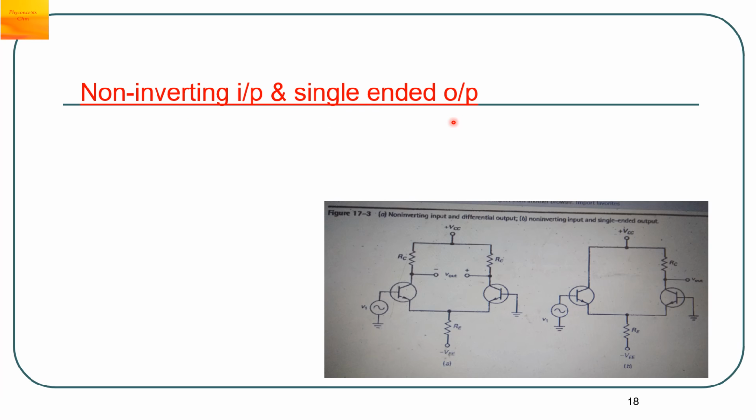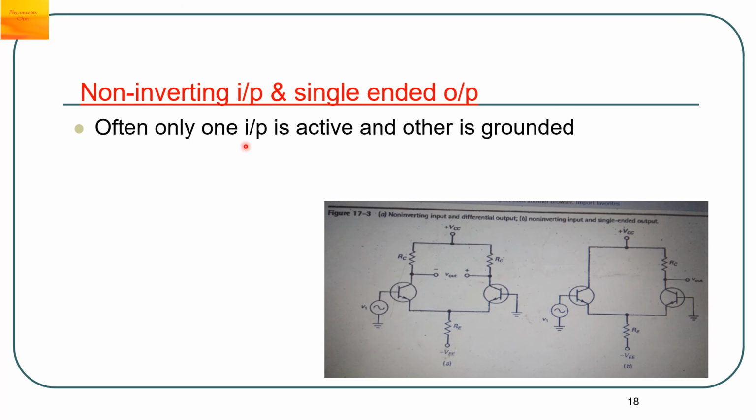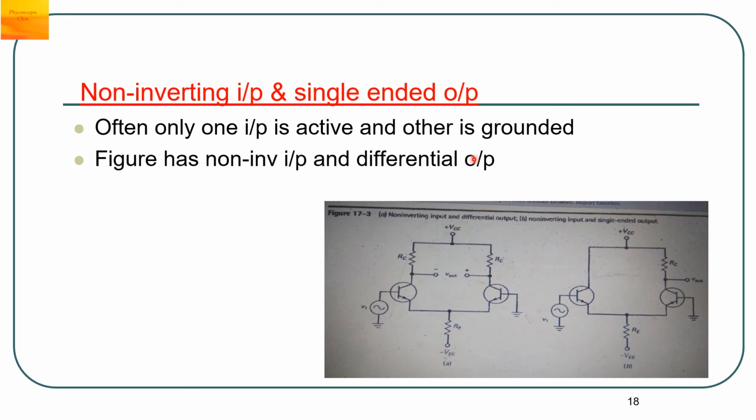Non-inverting input and single-ended output. Often only one input is active and the other is grounded. So here the non-inverting input is applied here and the output is taken. So here V2 is 0, it is grounded.